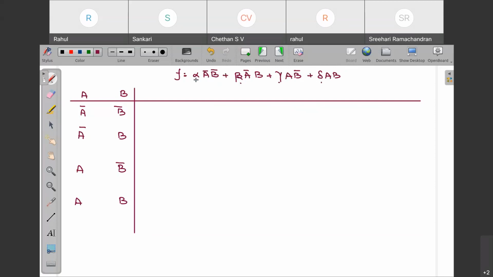So how many combinations of alpha, beta, gamma, delta can I have?